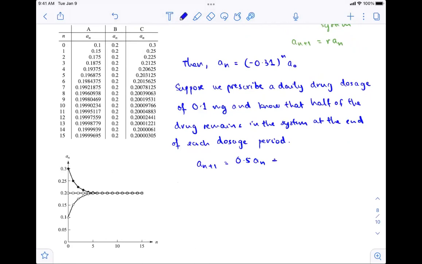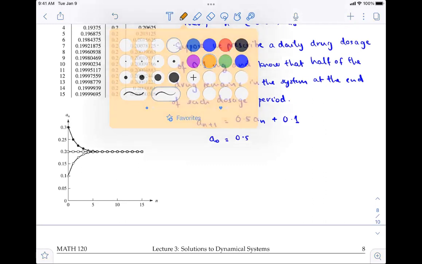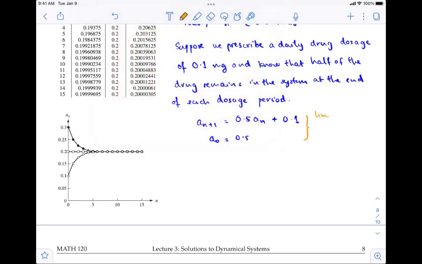That means you have a constant growth of 0.1. Again, you still have a sub 0 equal to 0.5, which is the initial amount. And this is the linear dynamical system of the form a sub n plus 1 equal to r times a sub n plus b.